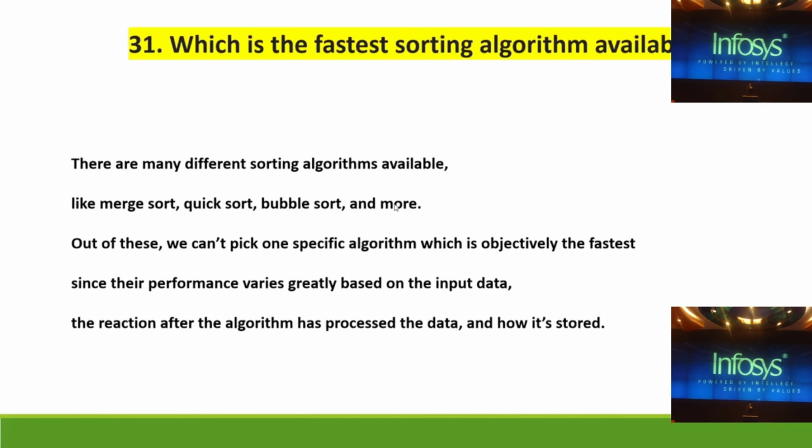So which is the fastest sorting algorithm available? There are many types of sorting algorithms: merge sort, quick sort, bubble sort, and also linear sorts. Out of these we can't pick one specific algorithm which is objectively the fastest, since their performance varies greatly based on the input data, the state after the algorithm has processed the data, and how it is stored.